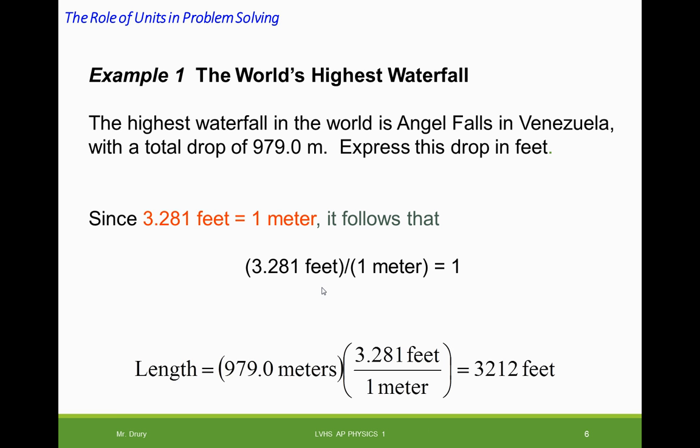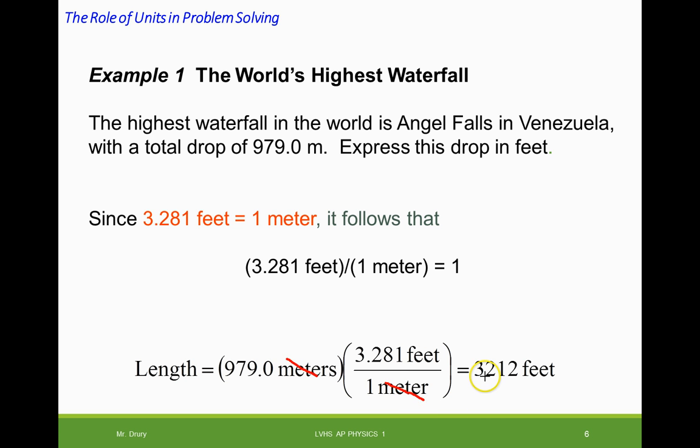We have a length of, once again, 979.0 meters, and we want to change that to feet. So how we're going to do that is we want to get rid of these meters here. And so we're going to multiply it by a conversion factor that's numerically equal to 1, because this is really the same as this. And we put meters on the bottom to cancel out with meters on the top, like so.